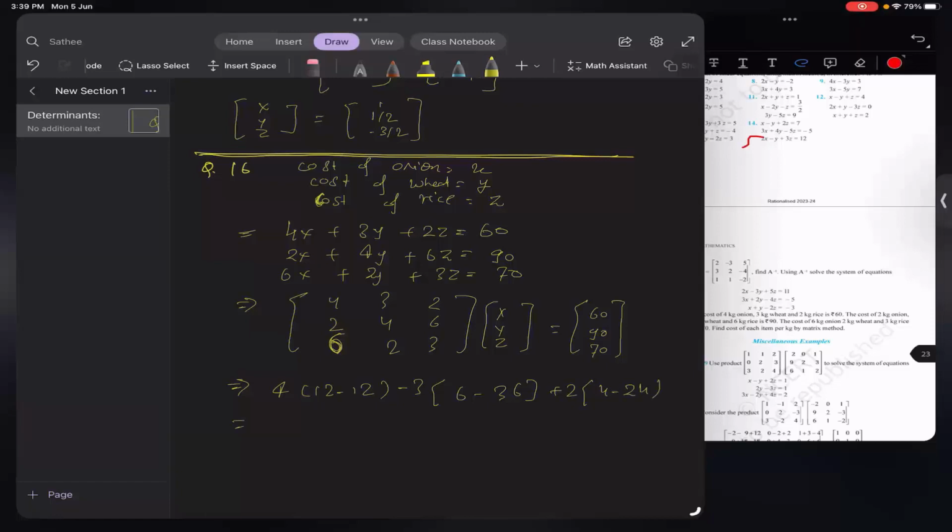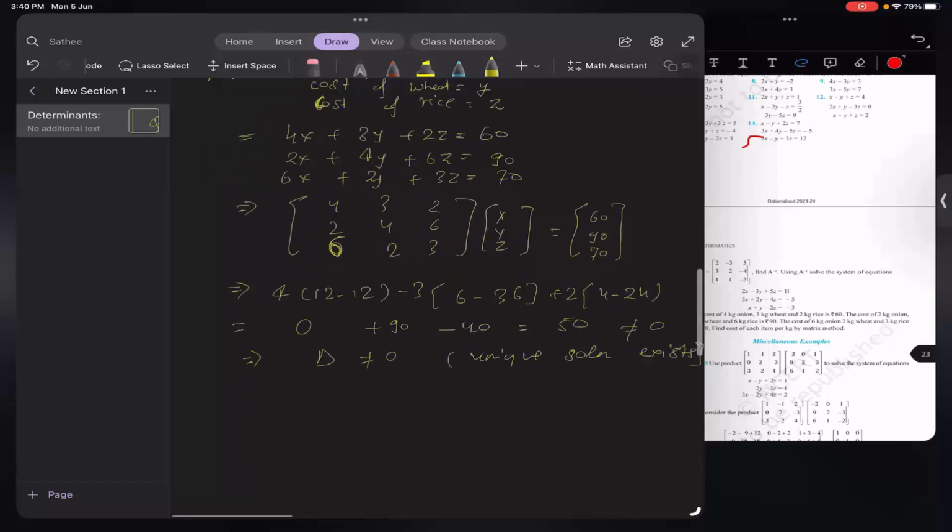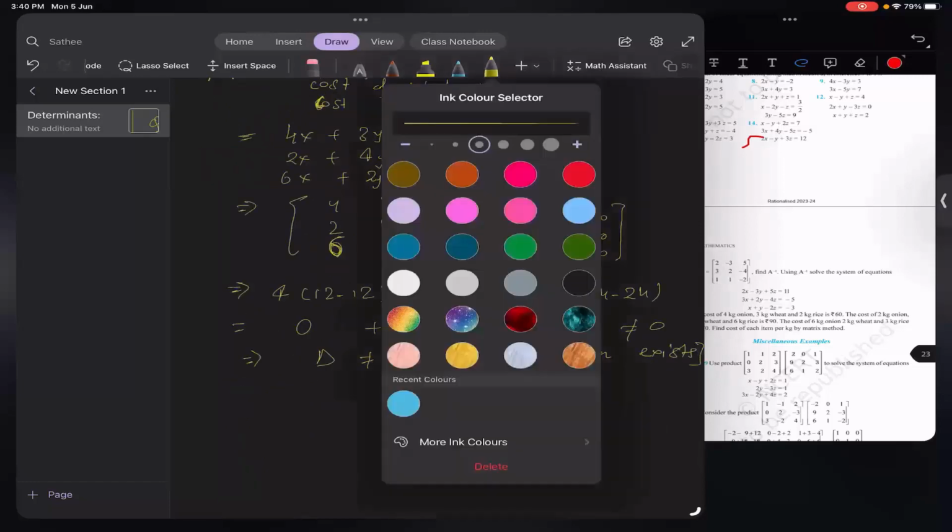So this would be 0 plus 90 minus 40. Okay. So this would be 50. So finally this is not equal to 0, so we can say that our delta is not equal to 0, so a unique solution exists.